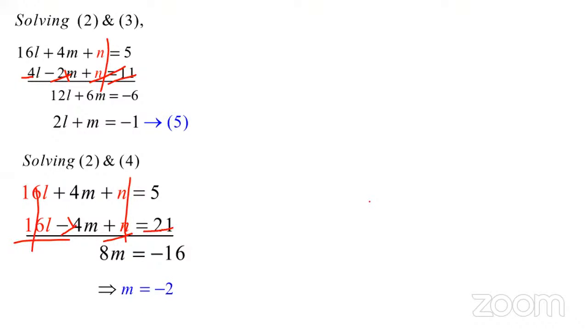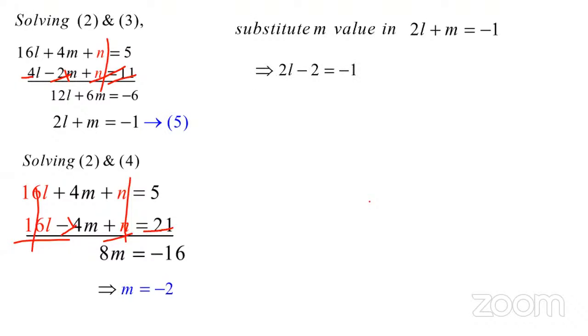Now substitute the M value in equation number 5. Then 2L minus 2 equals minus 1, so L equals 1 by 2.